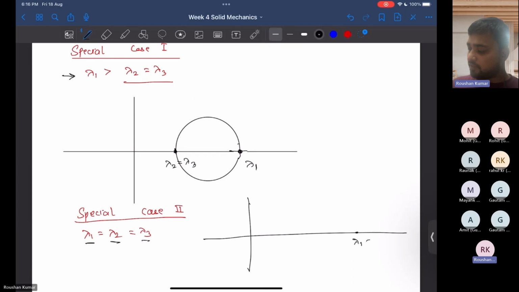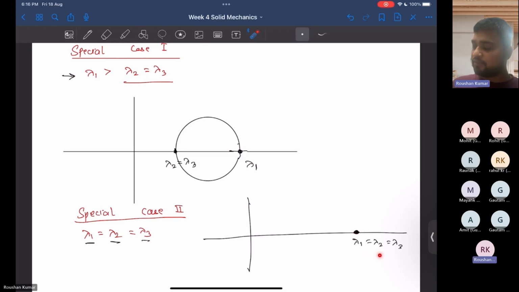You can see that there is no circle drawn from this point, and the single circle also reduces to a point. That means when lambda2 and lambda3 approach lambda1, that is, when they become equal to lambda1, the circle vanishes to a single point.